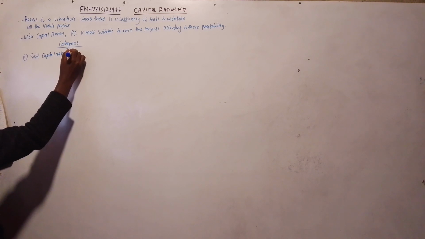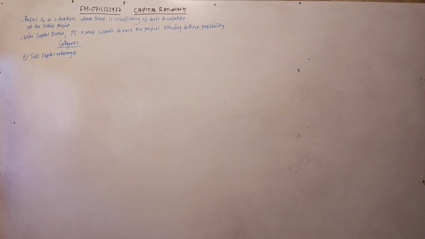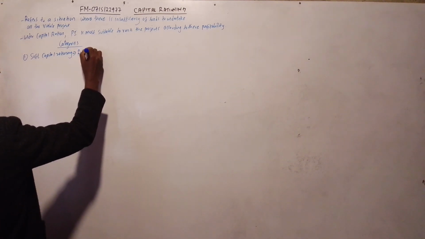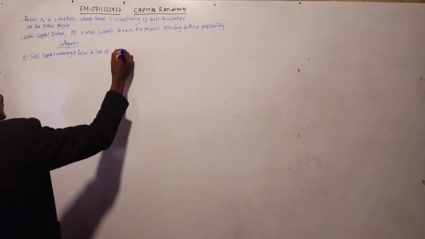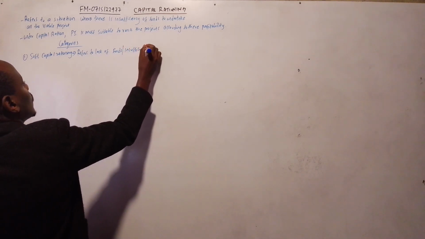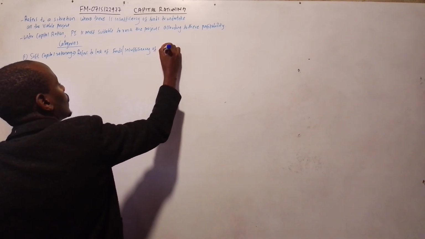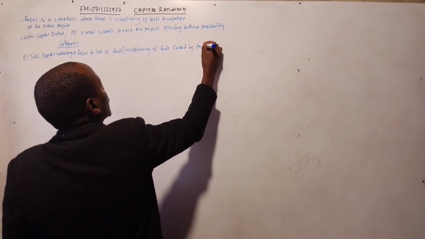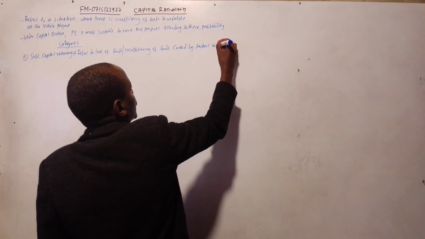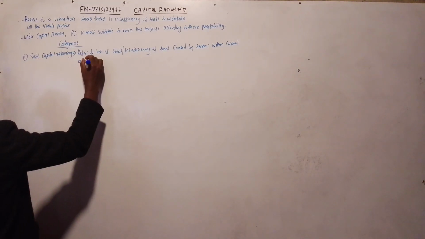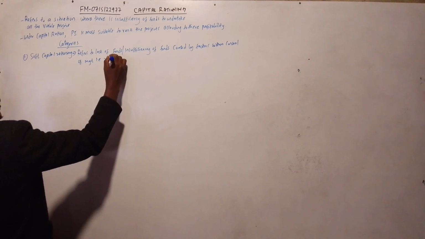Category number 1, soft capital rationing. It refers to a lack of funds, or insufficiency of funds, caused by factors within the control of the management, i.e. reluctance of management to borrow.